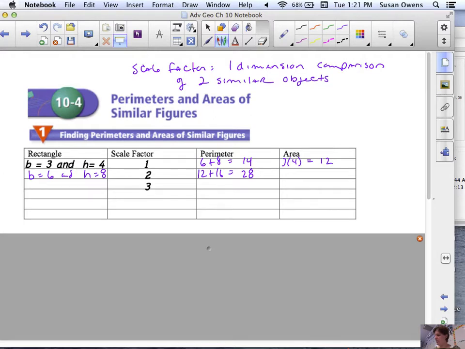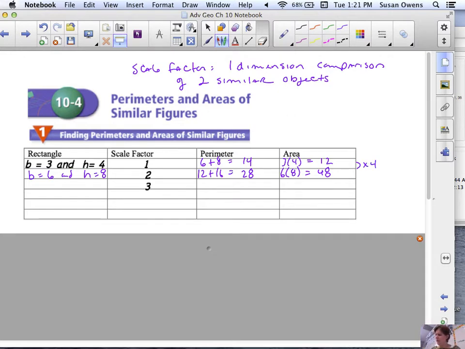If you notice, that's just a difference of a factor of 2. So we increased our scale factor by 2, the perimeter changed by 2. But when we look at the area, it's 6 times 8, which is 48. And the area didn't change by a factor of 2. The area actually changed by a factor of 4.